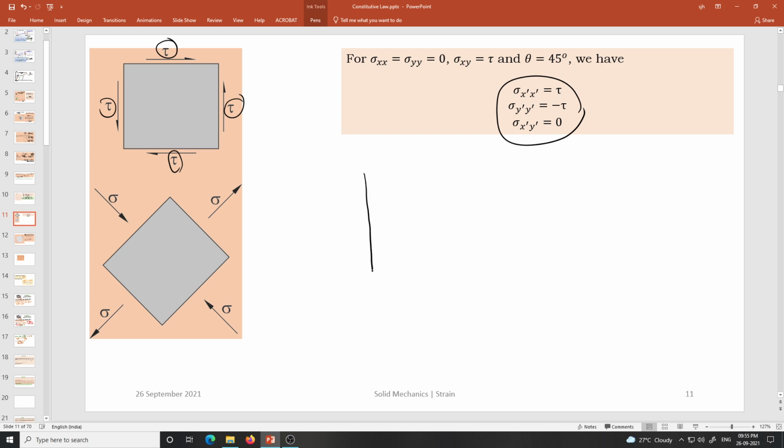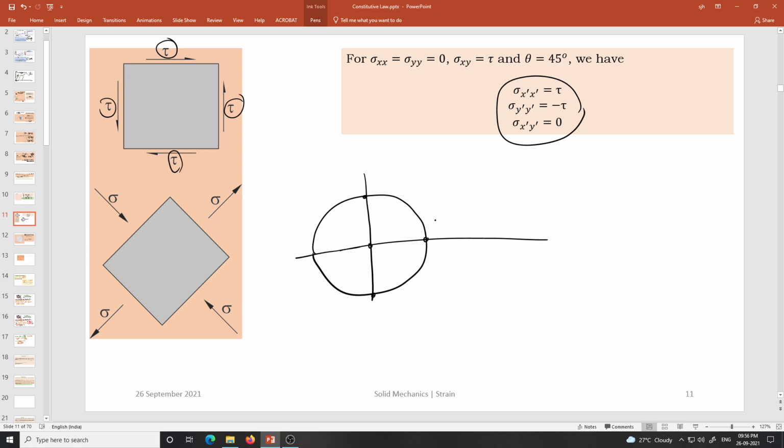If we recall the Mohr circle, and if we have this diagram of only pure shear, that means the shear stress values are here.